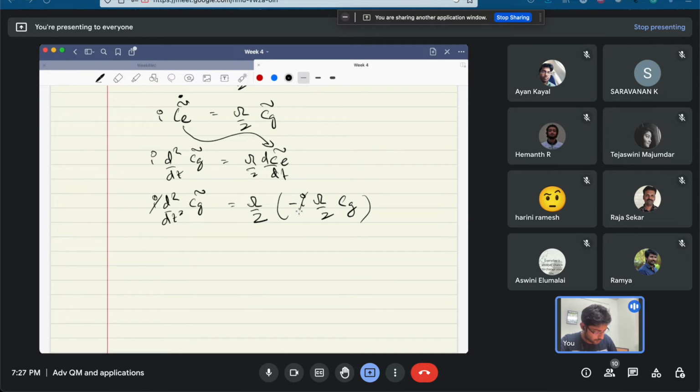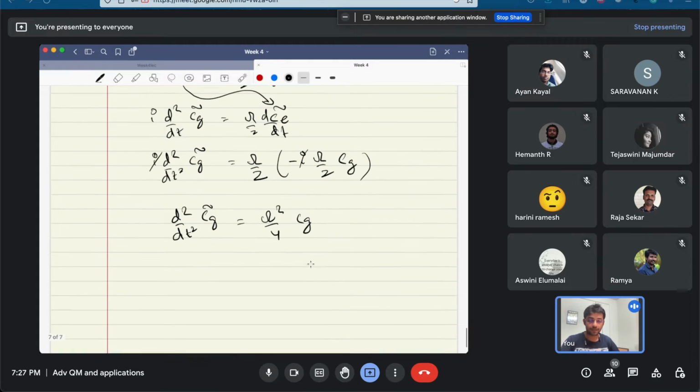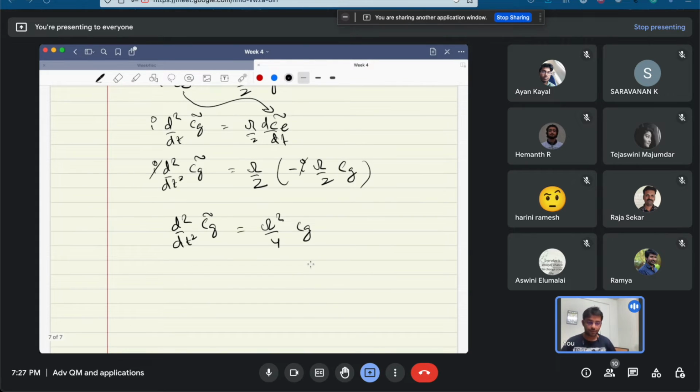The i gets cancelled out. So essentially this might look very familiar to you, as this is nothing but your harmonic oscillator type equation. There is a minus sign. You must have seen something like this, minus omega squared x, right?